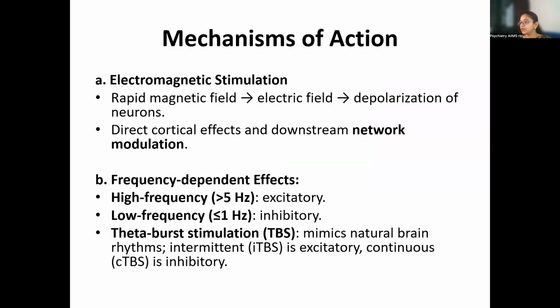The high frequency of rTMS produces an excitatory effect, and the low frequency causes an inhibitory effect. So as per the desired effect that we target, we can use different frequencies. And like I mentioned, theta burst stimulation mimics the natural brain rhythms. And we use intermittent TBS for excitatory and continuous TBS for inhibitory responses.